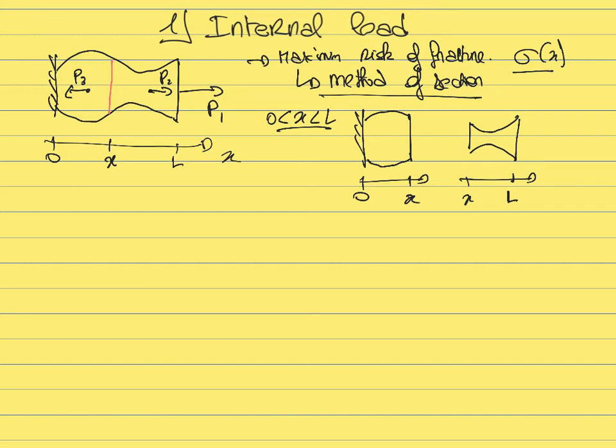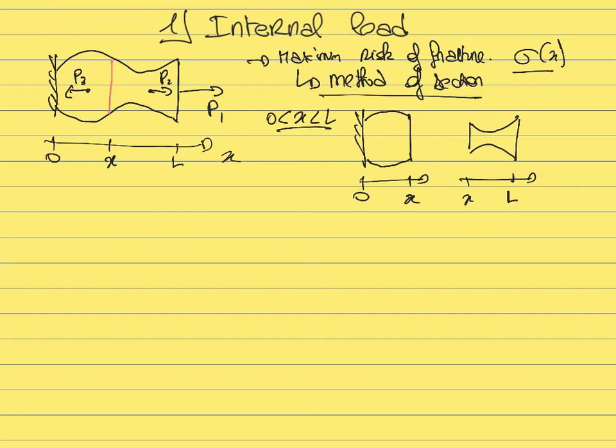We will now need to use the method of section and say that since the entire fish is at equilibrium, each part of the fish also has to be at equilibrium, so that we can either isolate the left or the right and write the condition of equilibrium and find the value of the internal load.